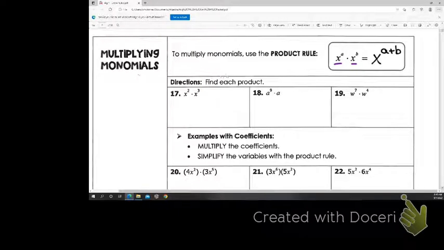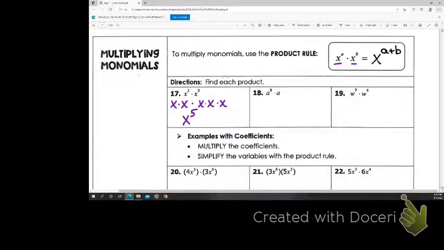So for number 17, x squared, we know, means x times x. And x to the third means x times x times x. And then there was a times sign in between the two. And if I were asked to rewrite what is our expanded notation there as an exponent, it would be x to the, there are 5 of them, so x to the 5th.